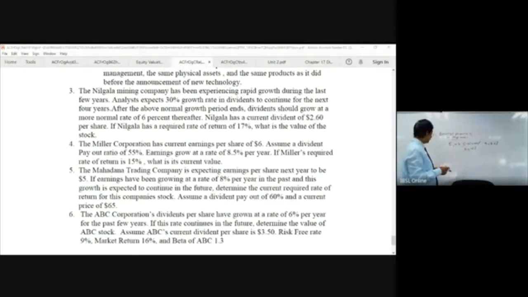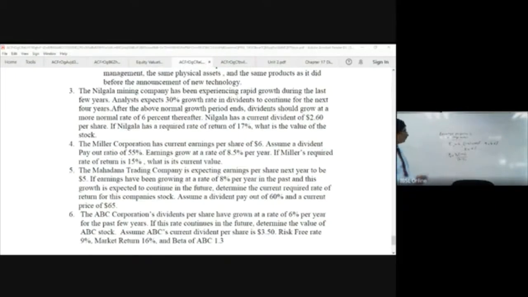So we need to get the current value. So we start with the one-stage model where P0 is equal to D0 into 1 plus G divided by K minus G. This is the formula. But here we got some earnings aspect.